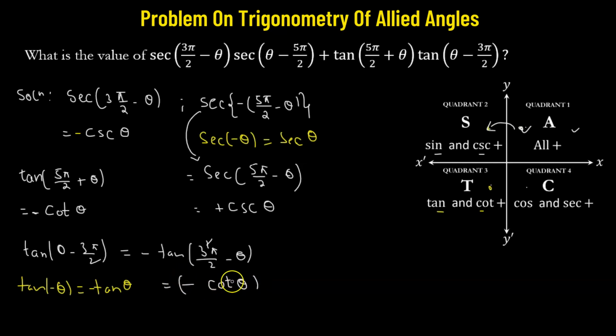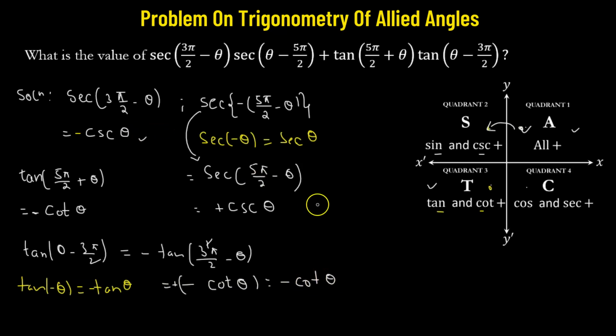Now we'll also have to look at the overall sign. 3 pi over 2 means we are lying in the third quadrant, and we are also subtracting theta from it. But that's not an issue, because theta is lying between 0 and pi over 2. So we are still in the third quadrant where tangent and cotangent are positive. So the value is positive, and this corresponds to negative cotangent of theta.